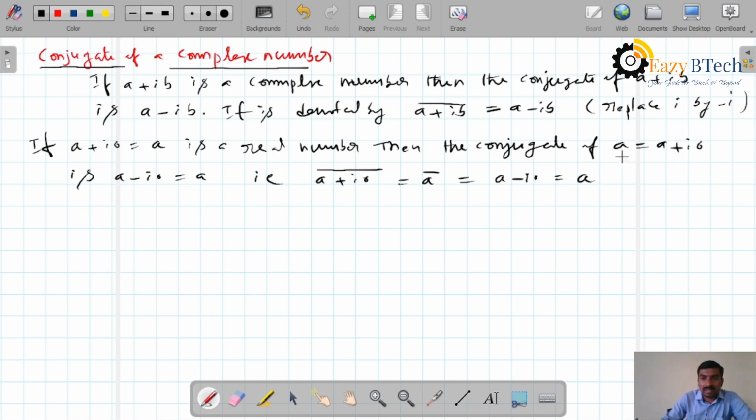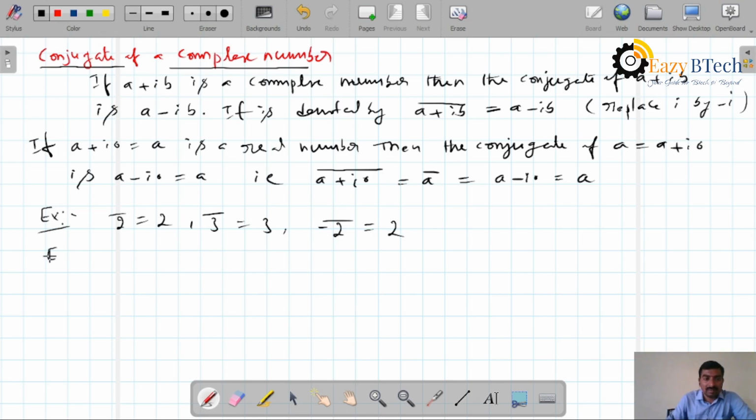That means here also we replace plus i by minus i, and we get the same number. Therefore the conjugate of a real number 2, 2 bar, equals 2. The conjugate of a real number is always itself. Minus 2 bar equals minus 2.